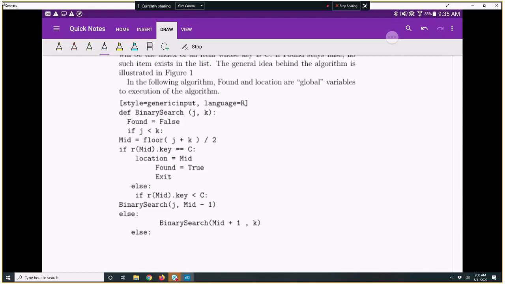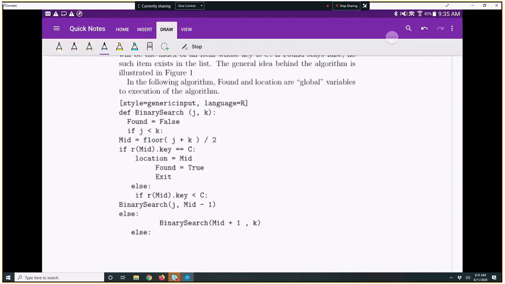So basically what it's doing is it's going to look through the first half. So if j is less than k, we take the floor. The floor is, we round down to the nearest integer of j plus k over 2.